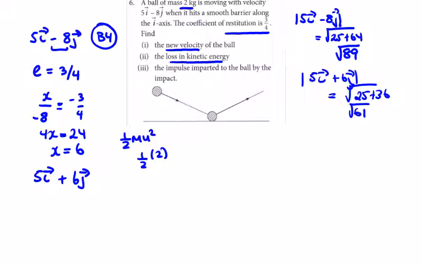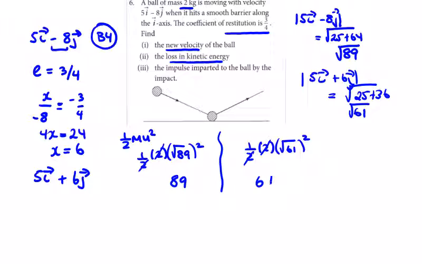So we have a half times 2 times root 89 squared before, and a half times 2 times root 61 squared afterwards. So the 2's cancel, and we just end up with 89 here and 61 here. So 89 minus 61 is a loss of 28. Kinetic energy is measured in joules.